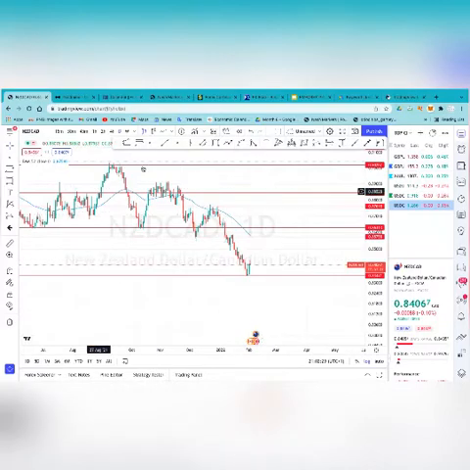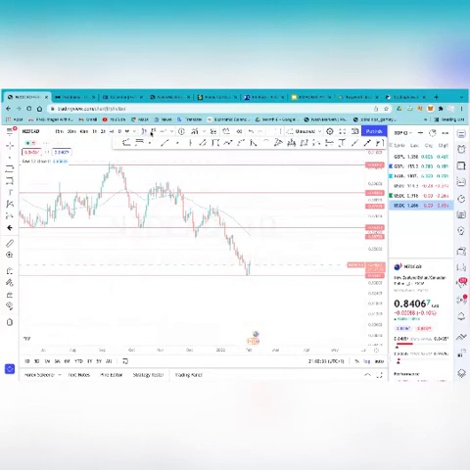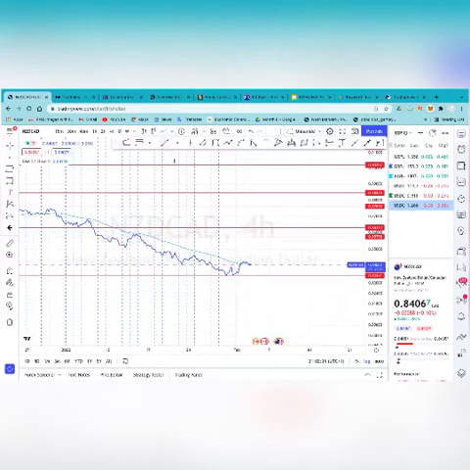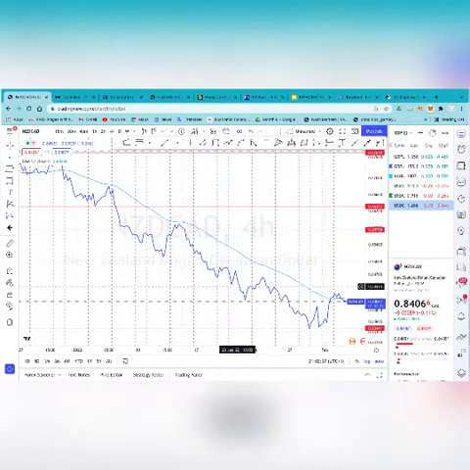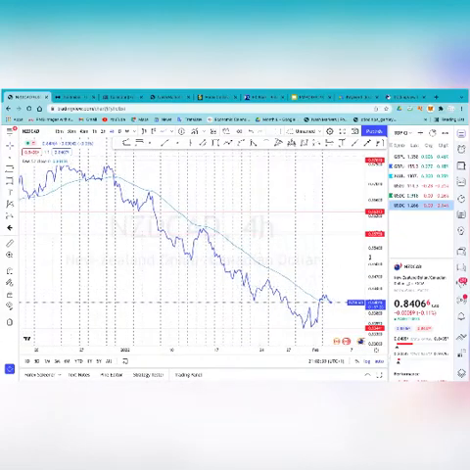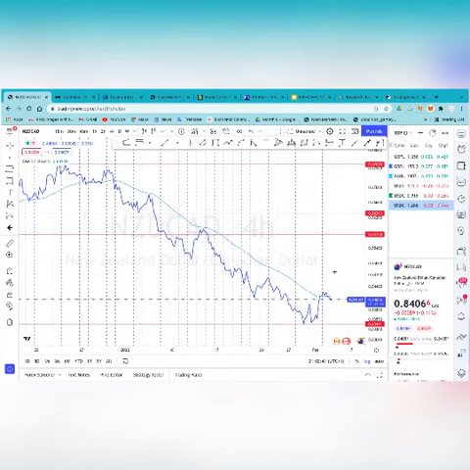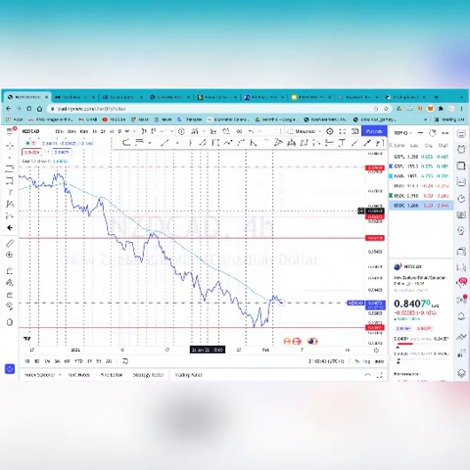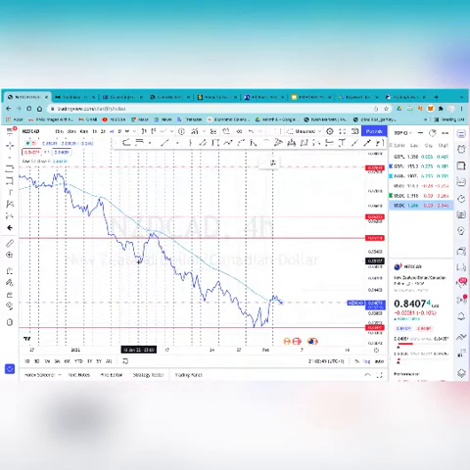So the next thing you need to do is go to the 4-hour time frame, still on the line charts. Now what you're actually looking for on the 4-hour time frame are turning points, where the market got to and changed direction.